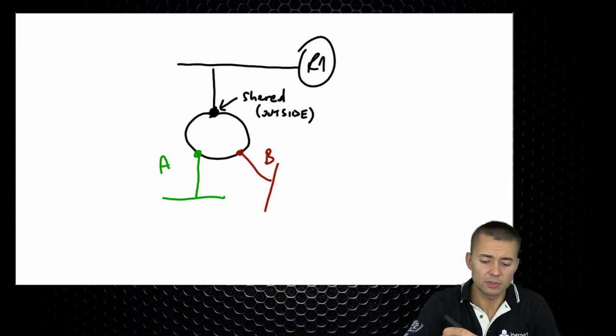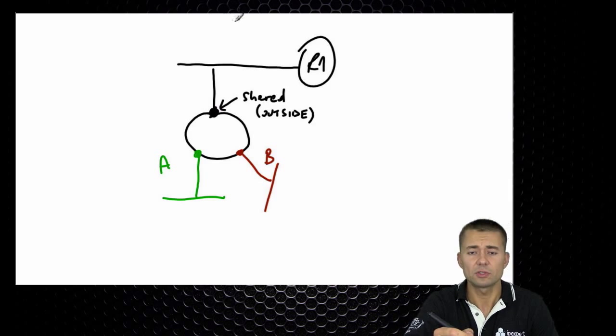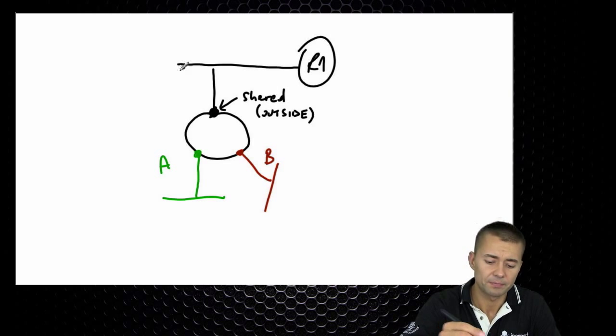Now the problem we run into here is that this interface is going to be configured with different layer 3 information. So let's say that A is going to be using 10 on the outside, and B is going to be using 20.